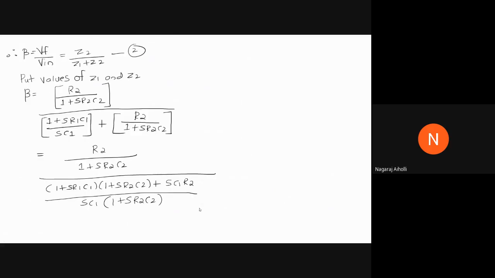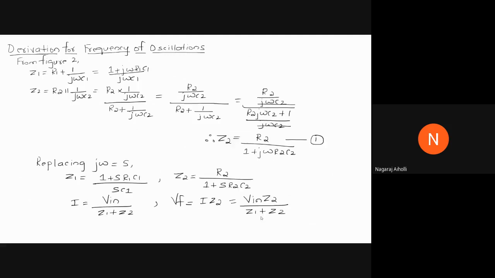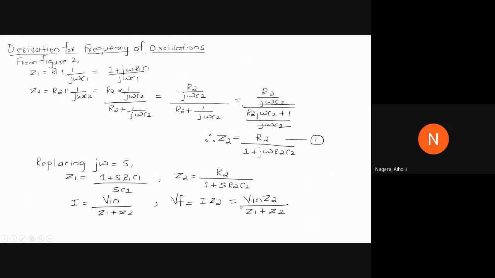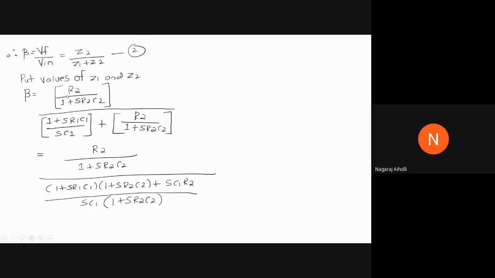Then here we take Vf divided by Vin as beta. So rearranging the terms, Vf divided by Vin gives beta, that is, Z2 divided by Z1 plus Z2.